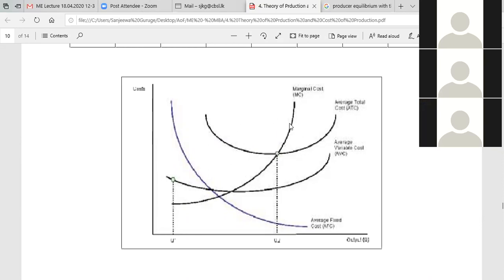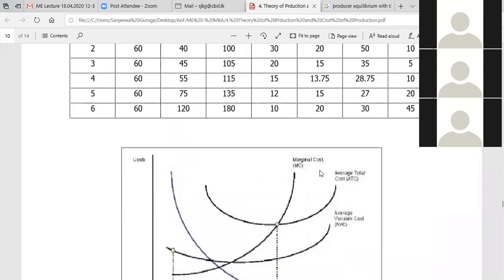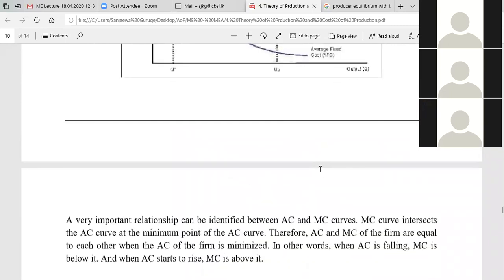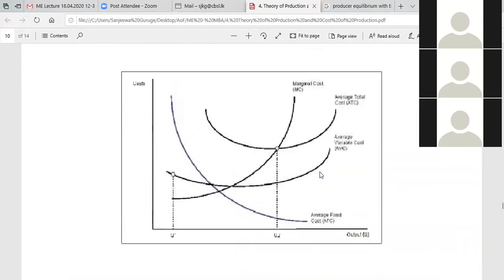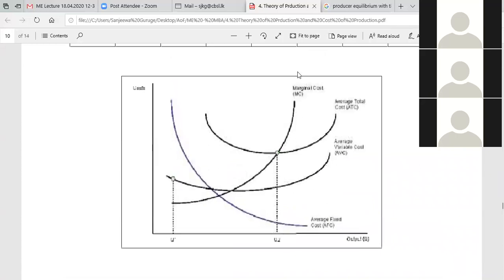Therefore, average total cost, average variable cost, and marginal cost, all these curves decrease at the beginning and after that start to increase. So these are the main short run cost concepts.